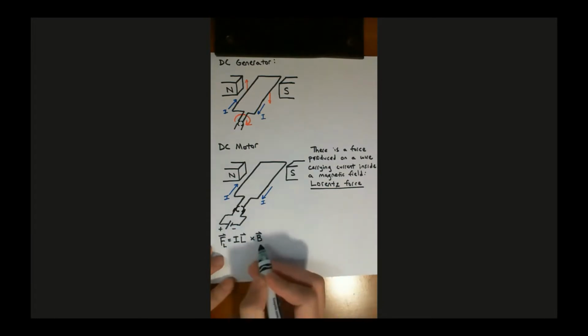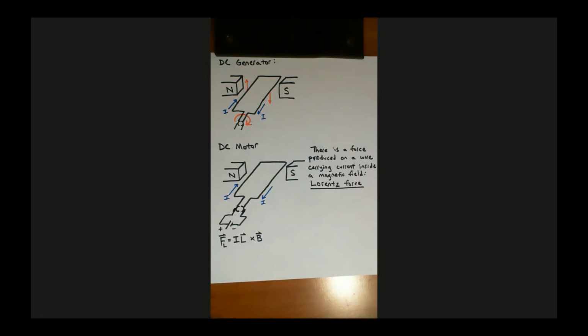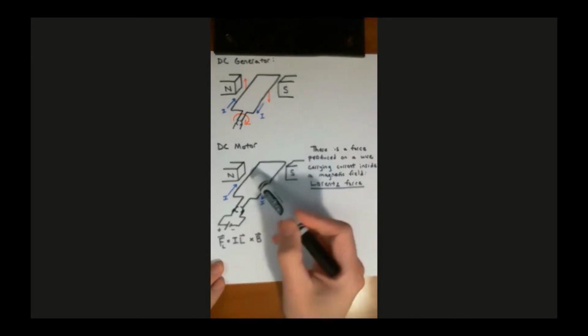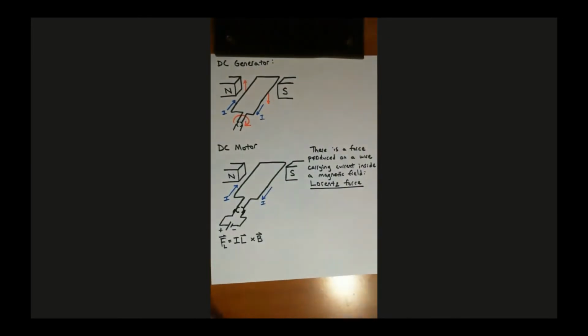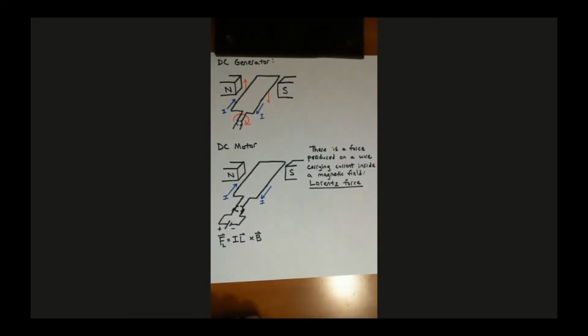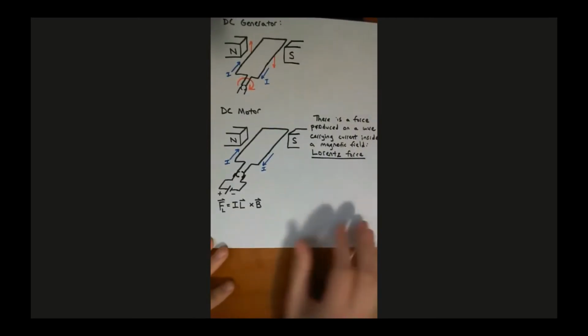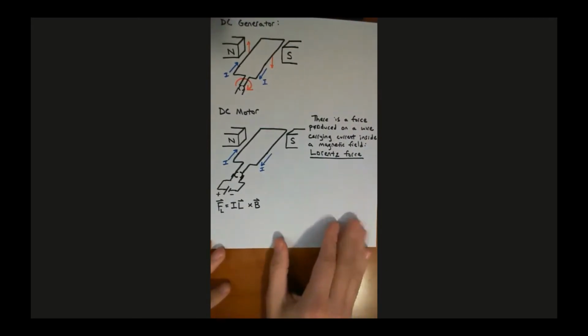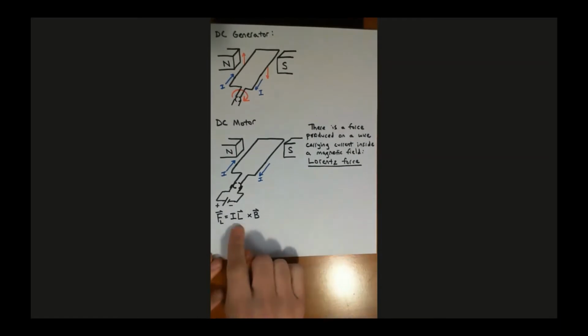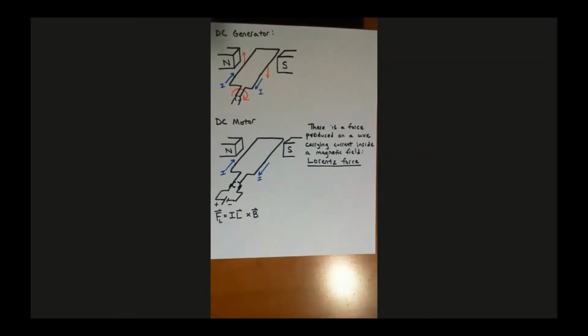It's the cross product of the magnetic field, which is B, which is also a vector because it has a magnitude, as in 1 Tesla, 2 Tesla, or whatever, and it has a direction. The direction of the magnetic field is different depending on where in the magnetic field you are located. So this is the mathematical representation of the Lorentz force.